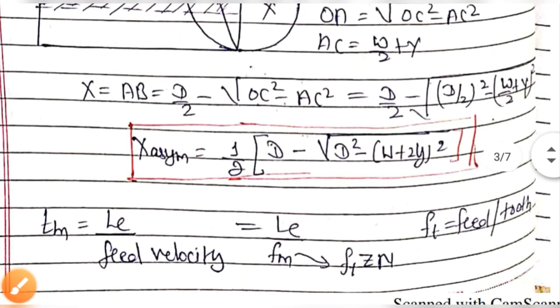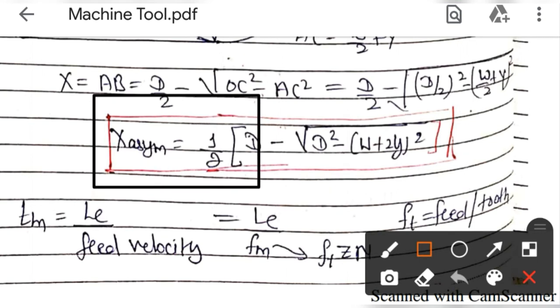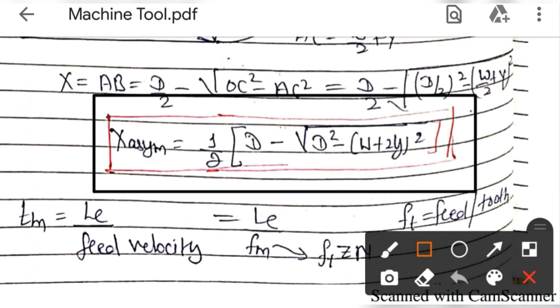We'll get the compulsory allowance equation as X asymmetrical is equal to half into D minus under root D square minus W plus 2 times the offset, whole square. Again I repeat, the compulsory allowance for asymmetric milling is half into D minus under root D square minus W plus 2 times the offset, whole square. This is the compulsory allowance for asymmetric face milling.